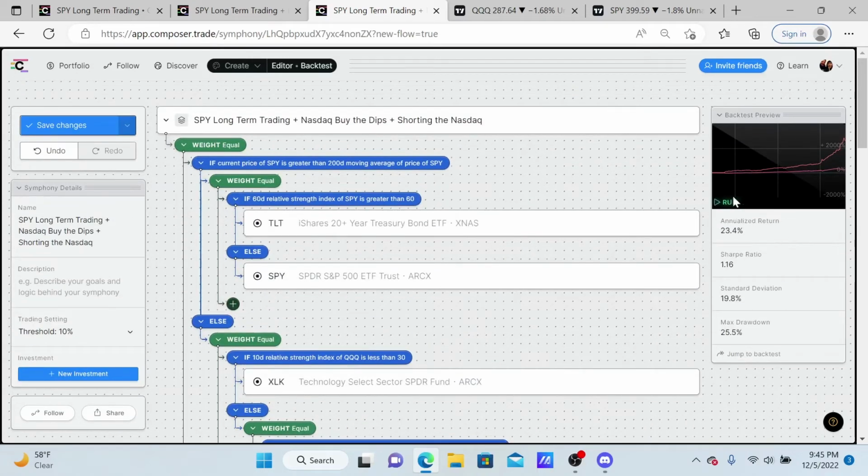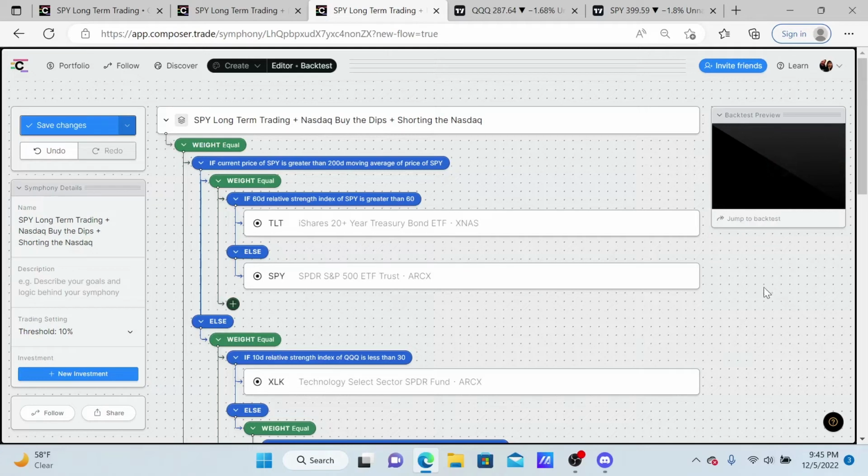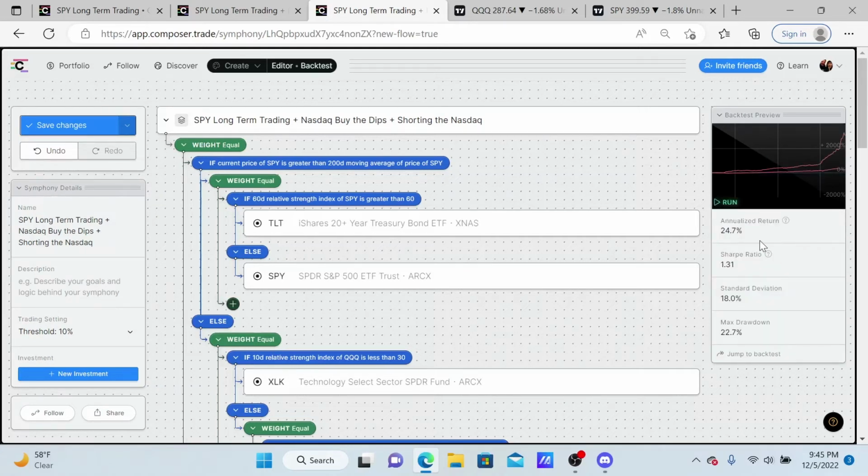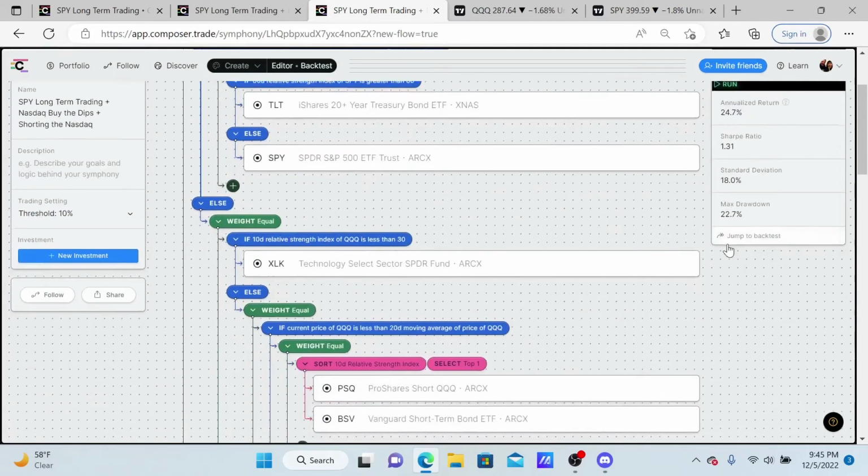Let's see, did I already run it? I don't think I ran it yet. Okay, so the annual return is 24.7 and the max drawdown is 22.7. So before it was 23 and 25, and now it's 24 and 22. So it reduces the max drawdown and gives you a little bit better of a return.